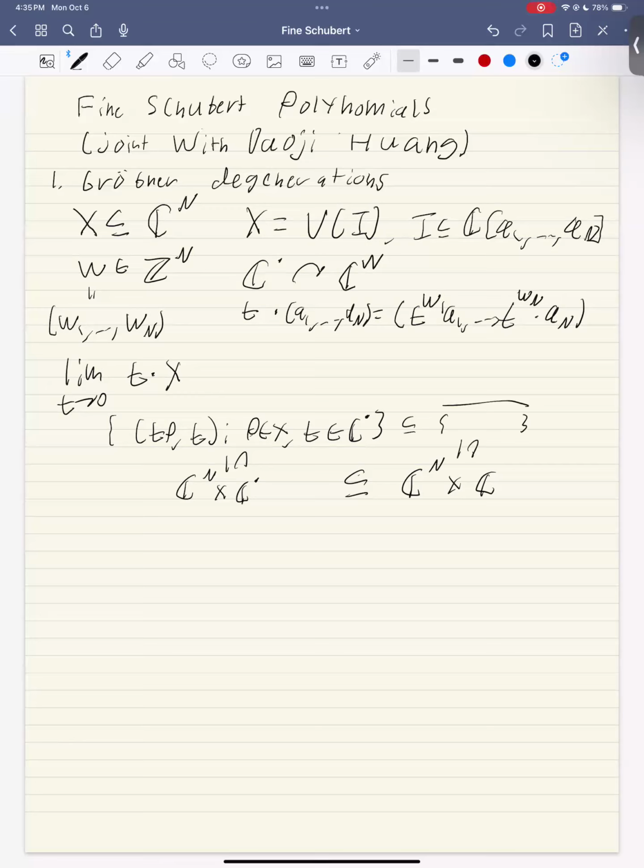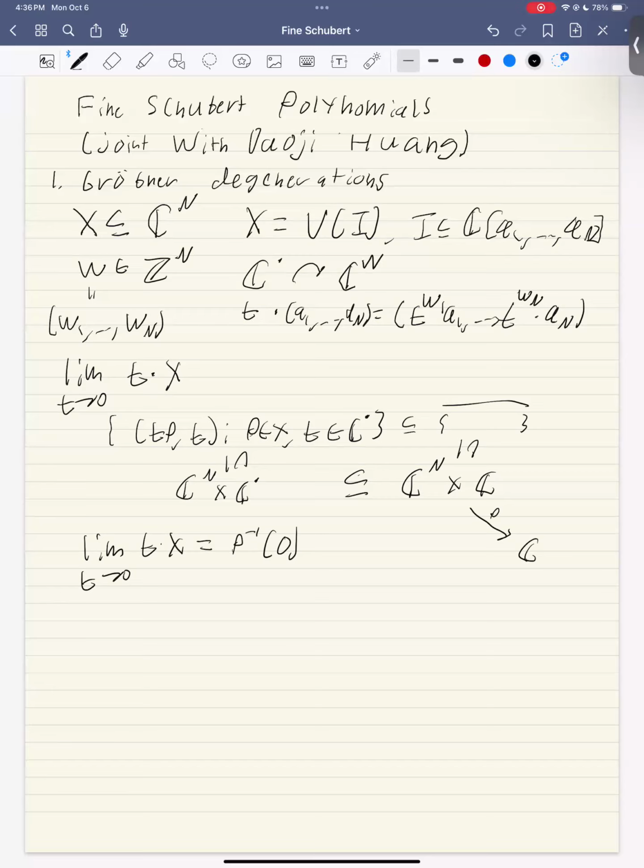So just the closure of the same set. And then C to the n times C has a projection, maybe I'll call it P, to C. And then this limit as T goes to 0 of T dot X is defined to be the inverse image of 0.